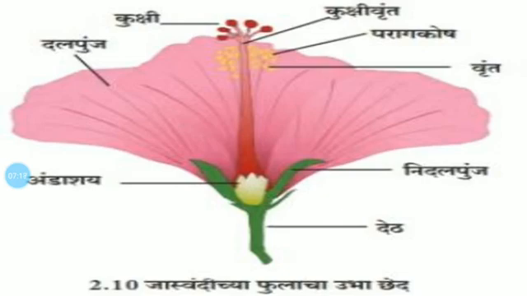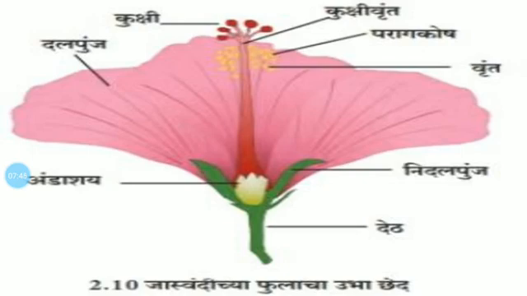Take a vertical section of a hibiscus flower with the help of a sharp blade. By cutting the flower vertically from stigma to pedicel, both sections of the flower will be seen to have the same structure. After maturity, anther bursts and the pollen grains which are released fall on the stigma.